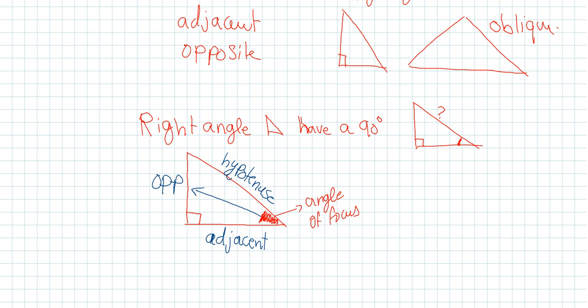Okay? Now, if I have the same scenario, but my angle of focus is this one. So this is the angle that is given or the angle that I'm looking for. What happens? So the opposite is going to be the horizontal one.